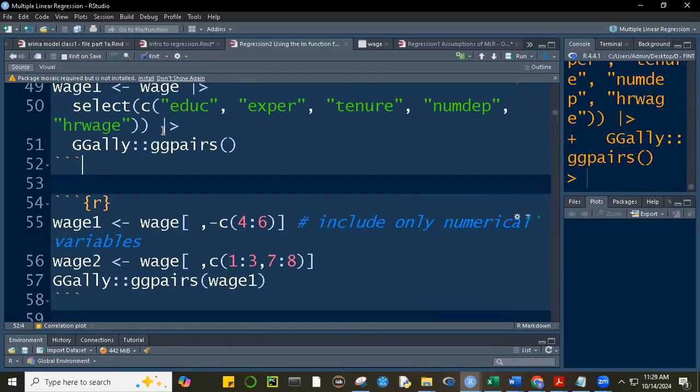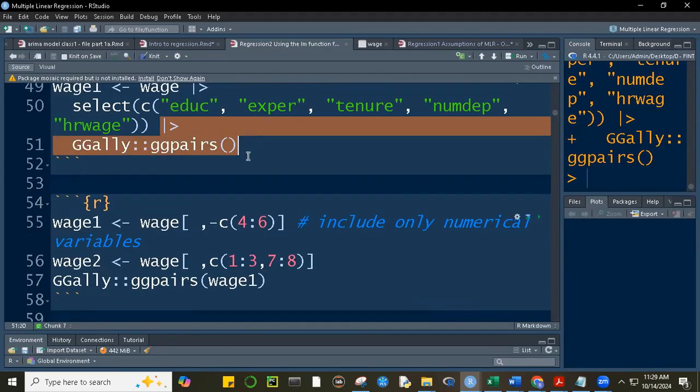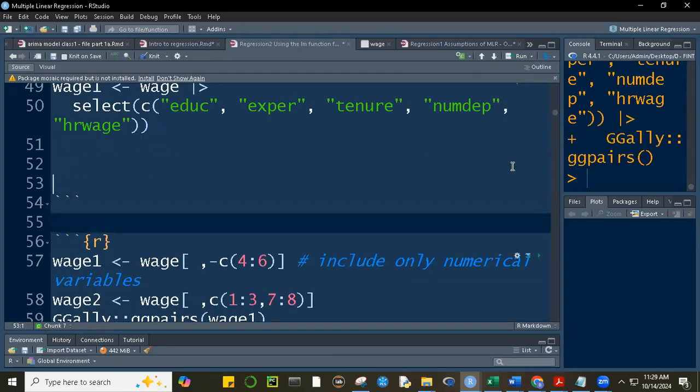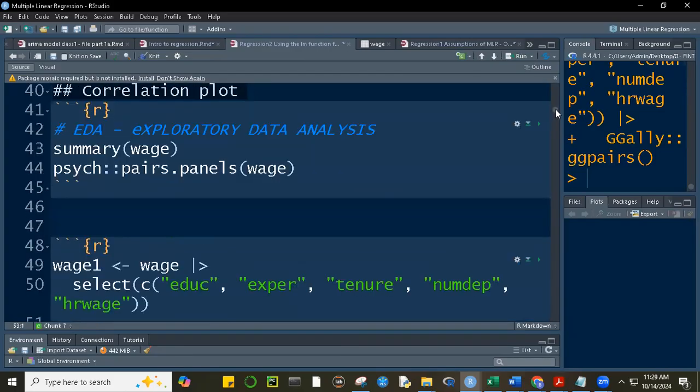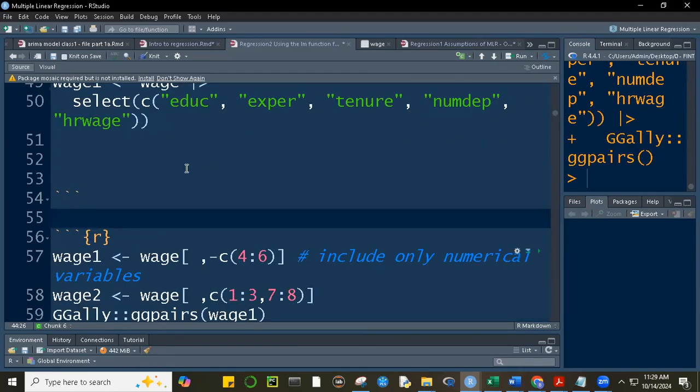I'll just use pairs.panels here. Okay, class, control C, and wage1. It's wage1, because this is the object now. pairs.panels, wage1, control enter.